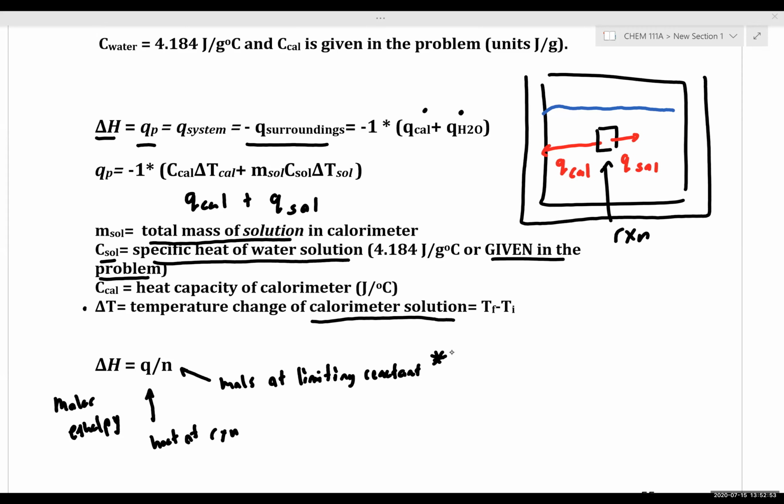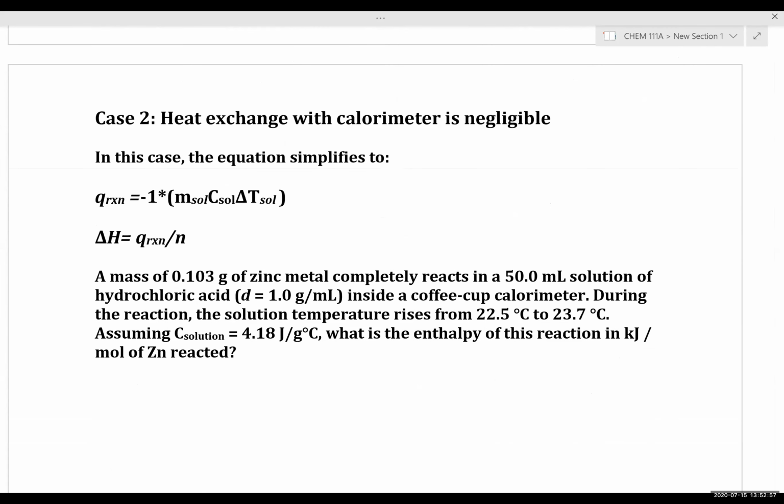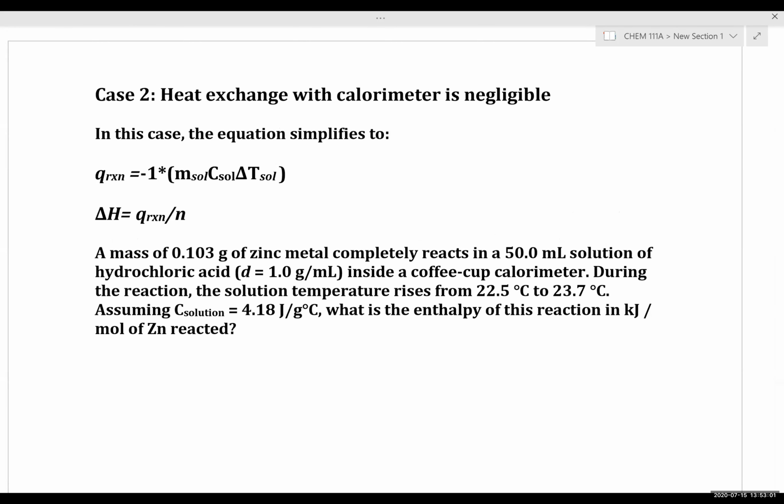Okay, so let's look at a practical example now. In most cases, such as in the experiment that we performed yesterday, heat exchange with a calorimeter is often going to be negligible.